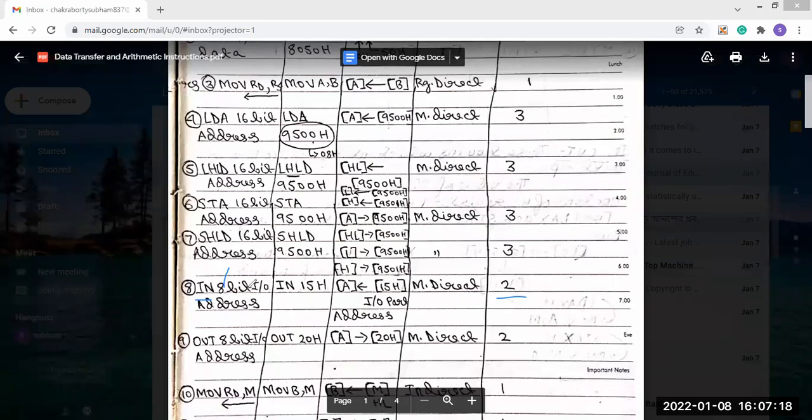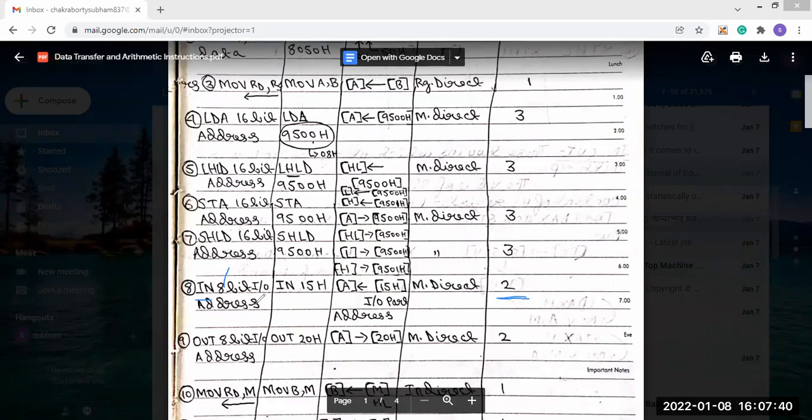In it, an 8-bit input output address is mentioned. If an 8-bit numerical value is present, then the byte length will be 2.